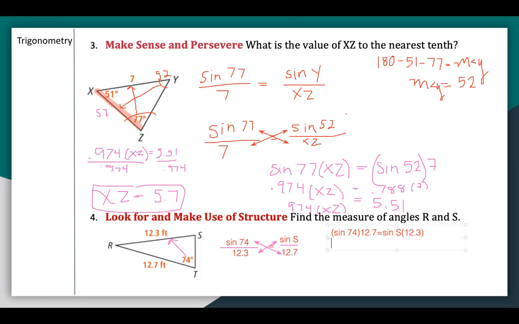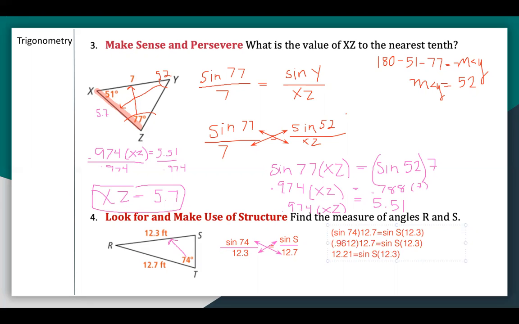The sine of 74 is 0.9612. And I'm multiplying this by 12.7. That should be equal to the sine of S times 12.3. And 0.9612 multiplied by 12.7 will result in 12.21, and that's equal to the sine of S times 12.3.